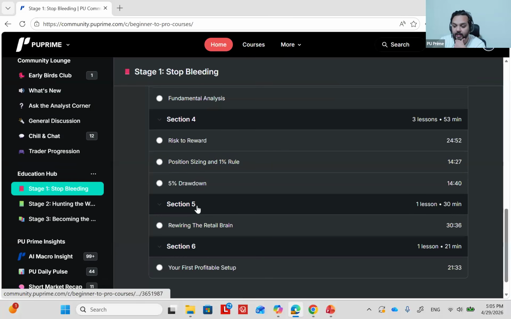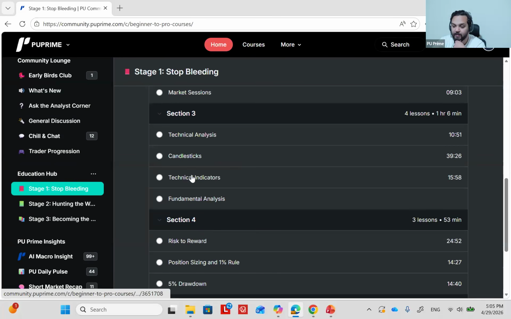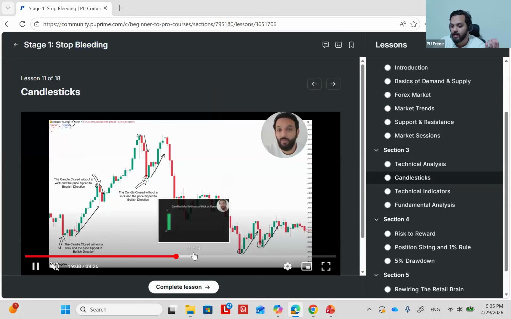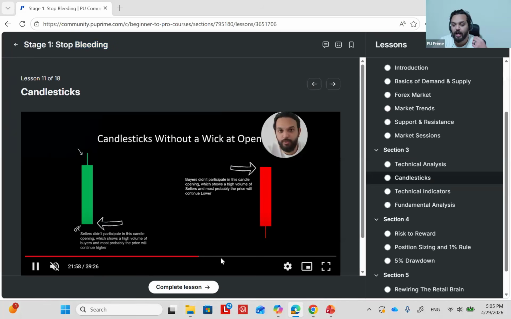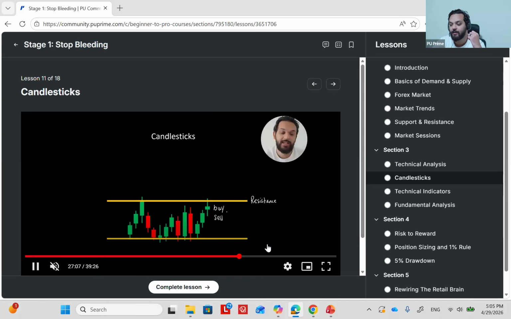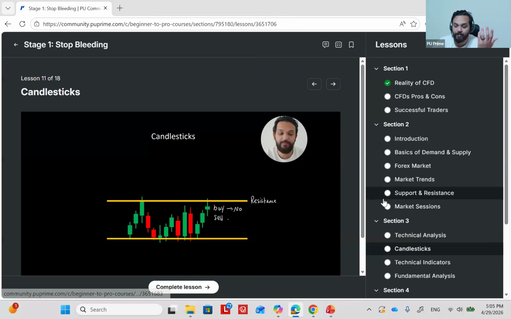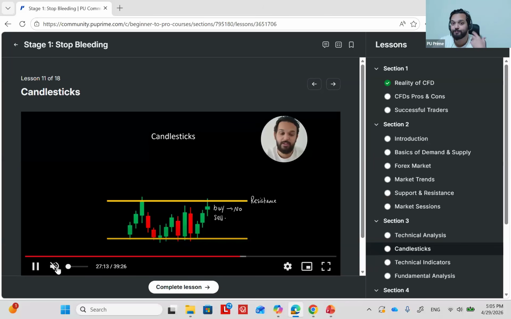Here, for example, explaining the candlesticks. This is a recorded session on what the candlesticks are, how you can read them, and I'm giving you a profitable setup that you can use in order to trade.